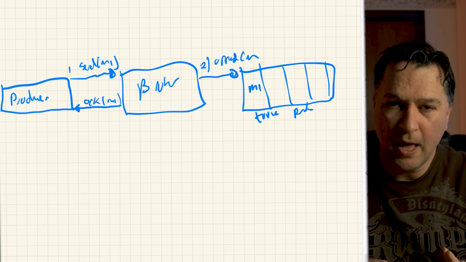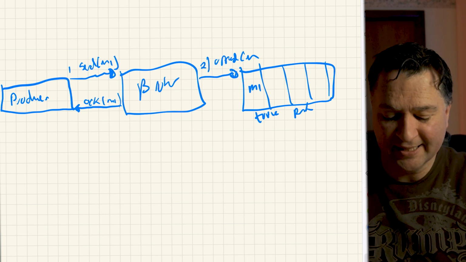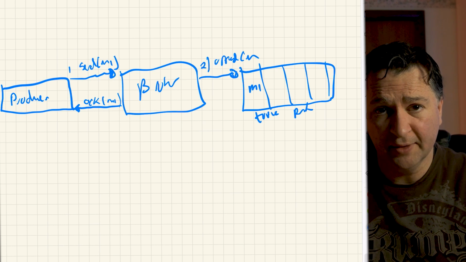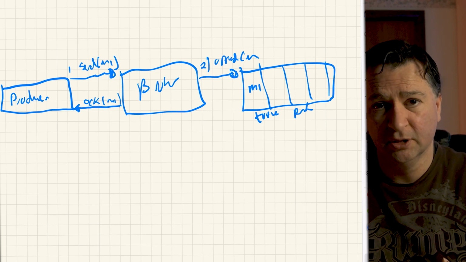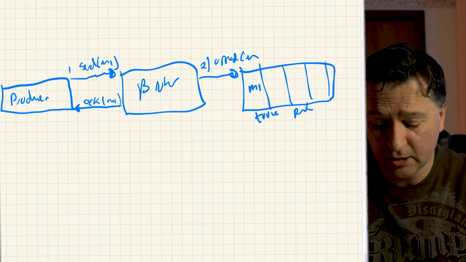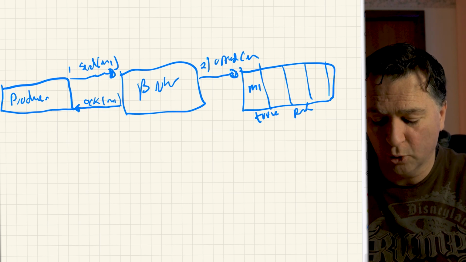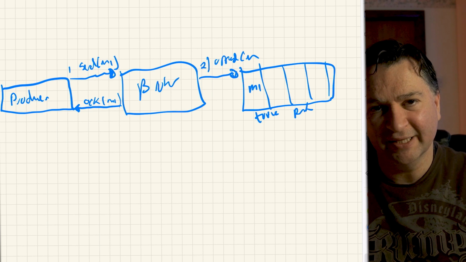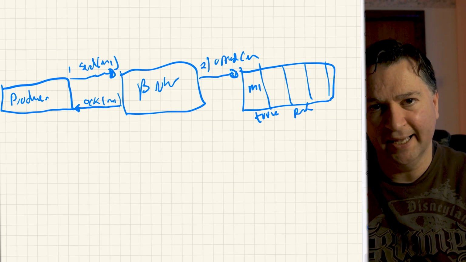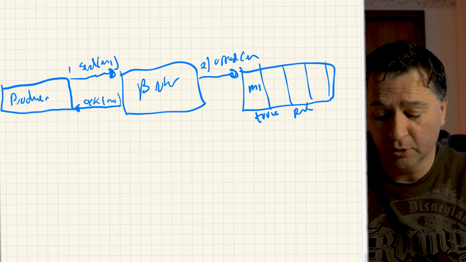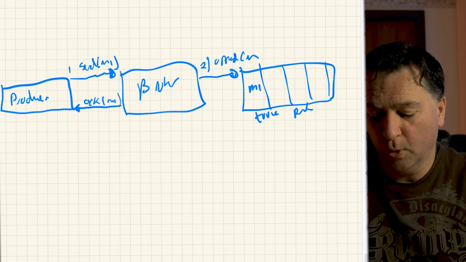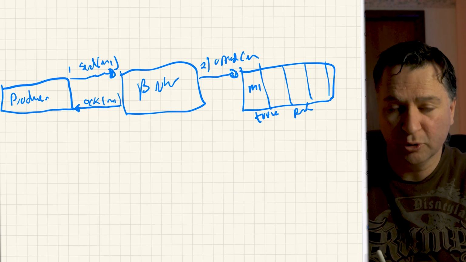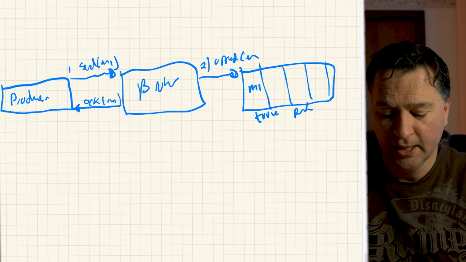Now, if the producer gets that acknowledgement, it's fine. At that point, it knows that transaction has been committed, that that message is on that broker. Now, as I said before, if the leader is given an acknowledgement, then as soon as that append occurs, the broker will send the acknowledgement straight away.